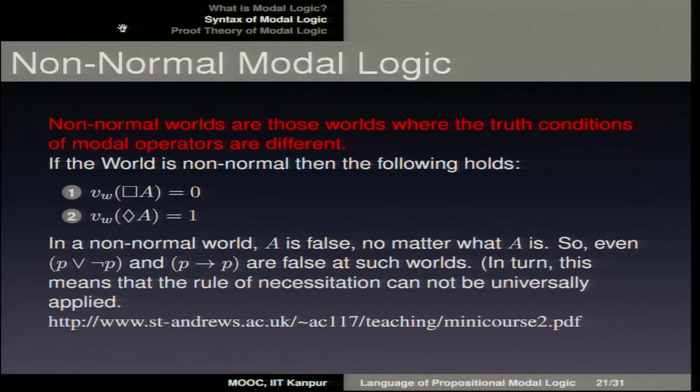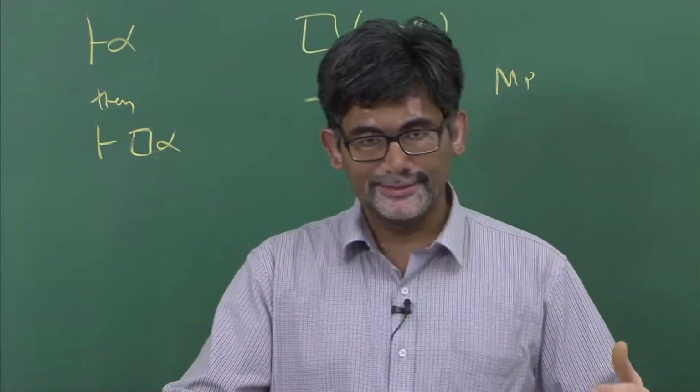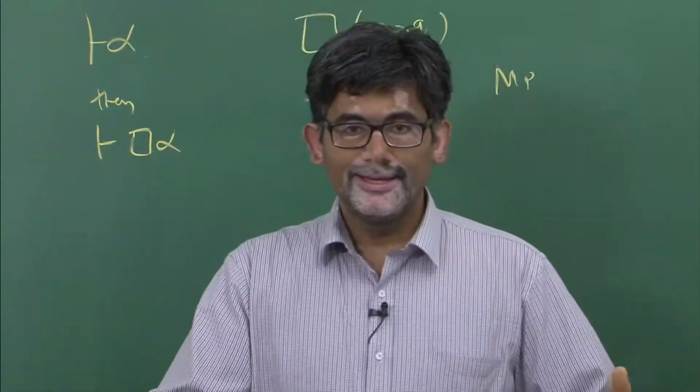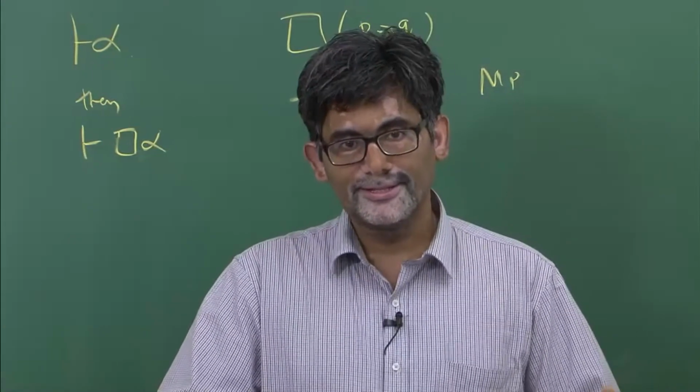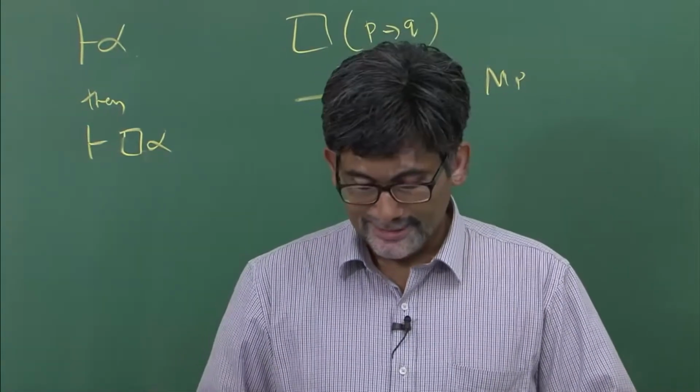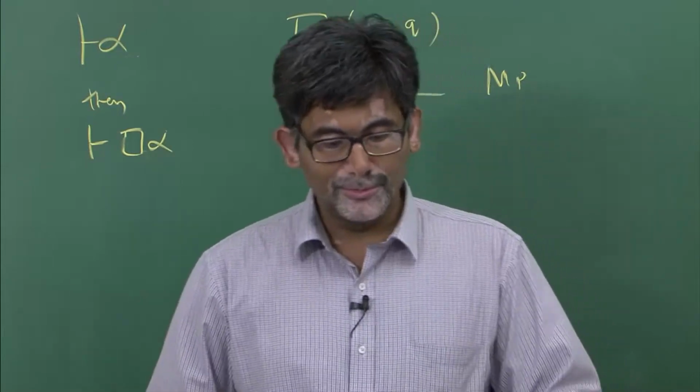In our course, we will be focusing our attention on normal modal logical systems, where the necessity operator behaves in a uniform manner. Any logic that follows the distribution axiom, that is K, and which is closed under modus ponens, can be called a normal modal logic.